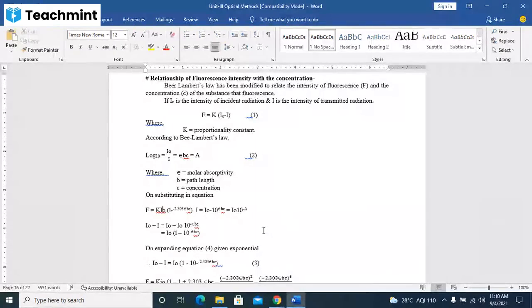Okay. On substituting equation number, see what we have to substitute. We have to substitute K into I0.